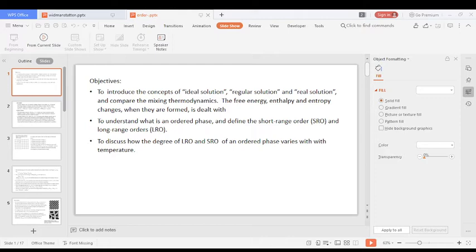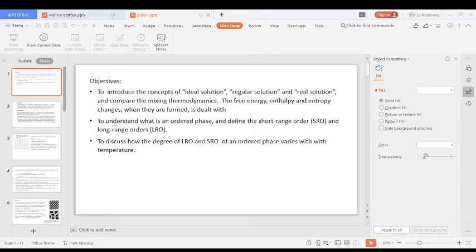Assuming epsilon is not too different from 0, which is close to the situation of an ideal solution, for a regular solution we can still approximate PAB equal to N0 Z XA XB bonds per mole.